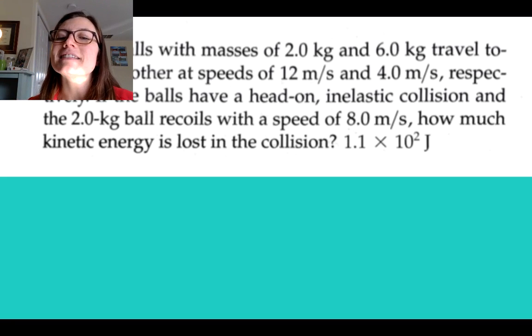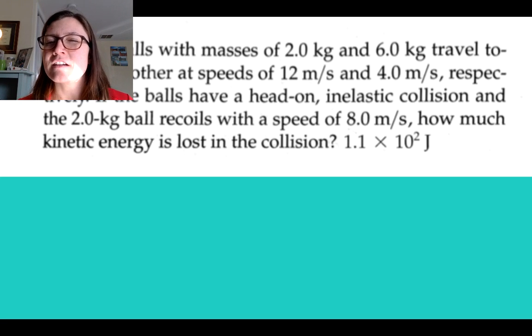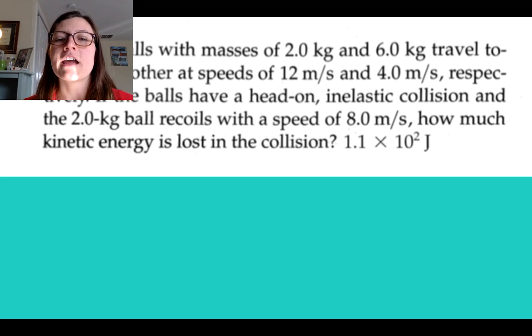If the balls have a head-on inelastic collision, and the 2 kilogram ball recoils with a speed of 8 meters per second. Okay, we're going to stop there for a second. In reading that statement, you cannot have an inelastic collision if the object recoils.